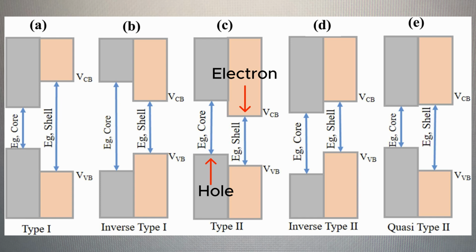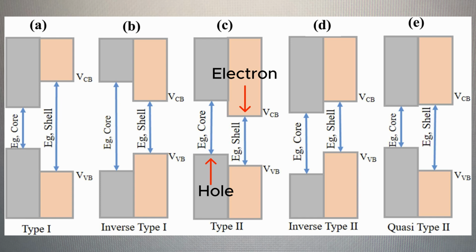So the highest place that the hole goes is the valence band of the core, and the lowest place that the electron can go is the conduction band of the shell.